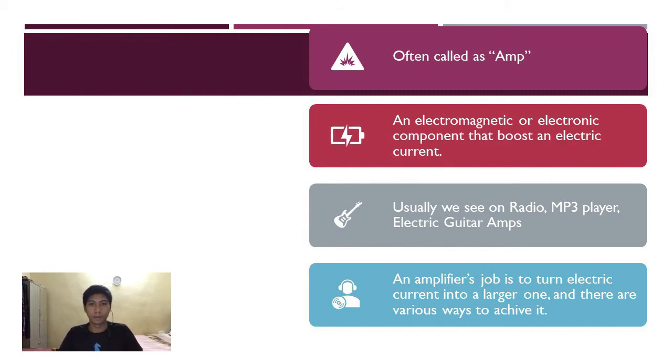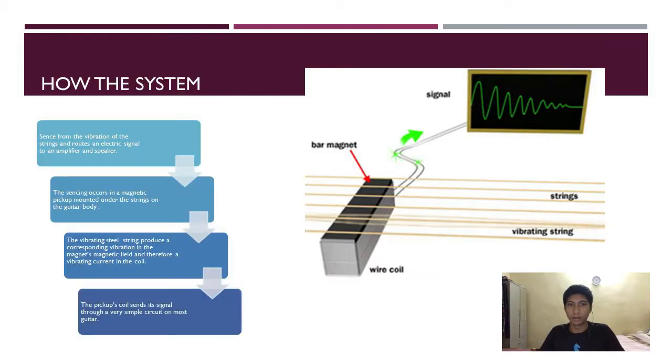For the next part, we're going to explain how the system works. From the electric guitar, to produce a sound, the guitar must sense the vibration of the strings electronically and route an electric signal to an amplifier and speaker. The sensing occurs in a magnetic pickup mounted under the strings on the guitar's body.